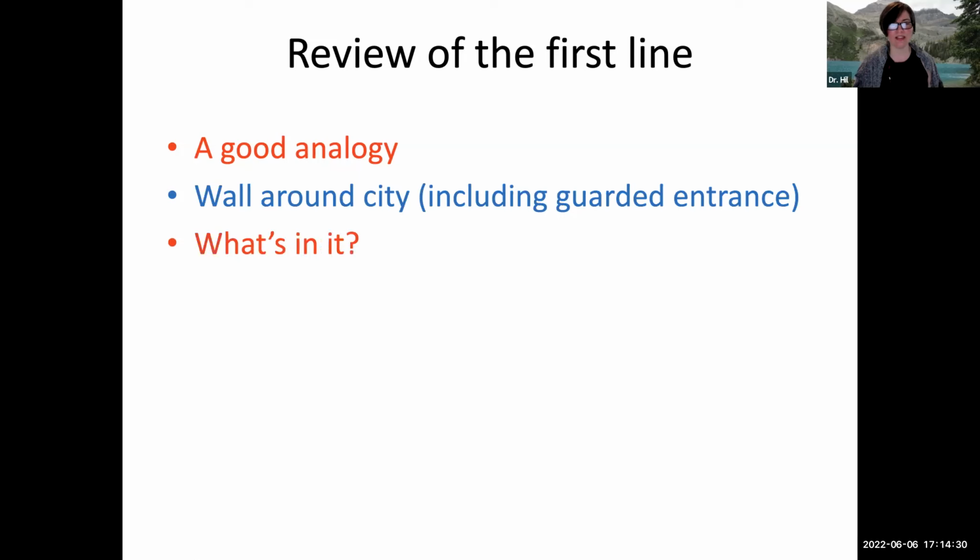So in addition to skin and mucous membranes, what else is in the first line of defense? Oh, I like that, a glass protector. That's a good one, Dorothy.